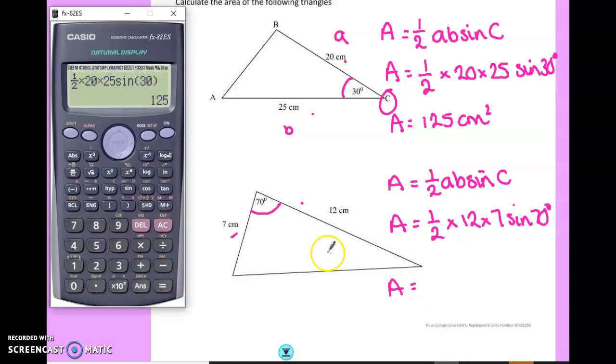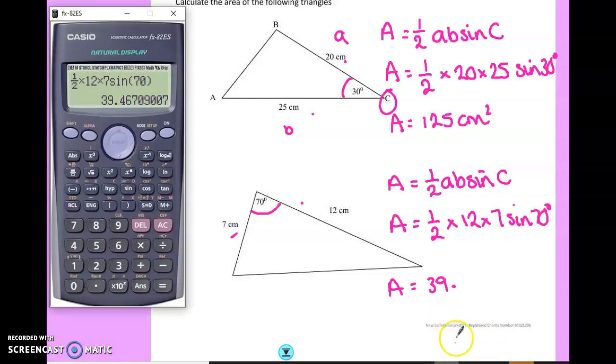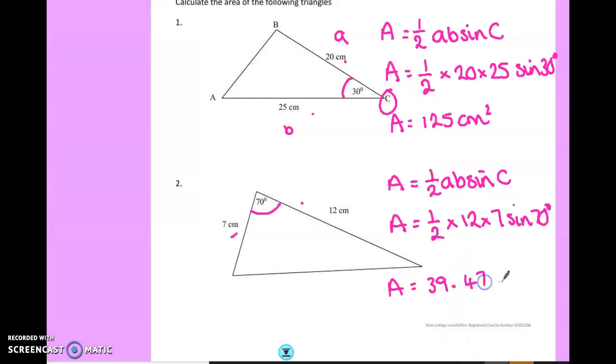Type it into my calculator, just exactly as it is there. Half times 12 times 7 sine 70, which is 39.46, 2 decimal places, and remember our units, it's an area, so it must be centimetres squared.